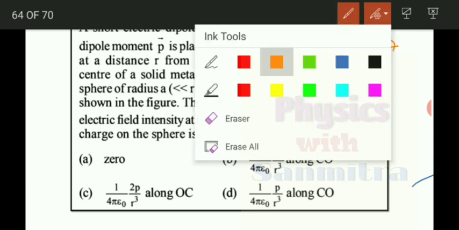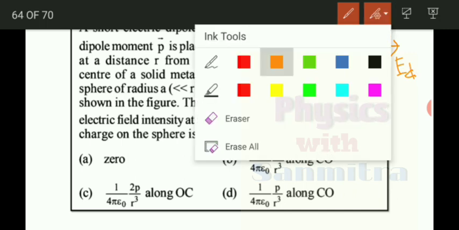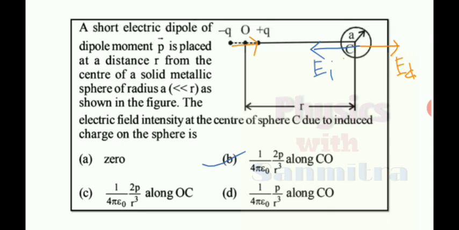The dipole moment is actually acting this side, from minus to plus. So I can say the electric field due to the dipole, ED, will be this side. To balance this, the electric field due to the induced charge, EI, should be along this side, that is along CO. So my option B is correct.